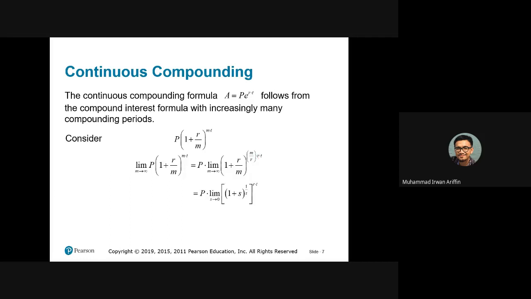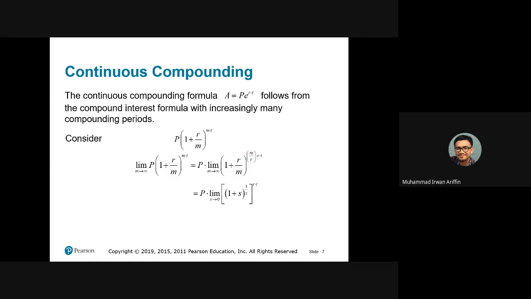R over R. Okay, R over R. So then we simply find for period S. Let's say we simplify this term R over M to be 1 over S. In other words, we want to simplify this, so I'm no longer going to have this.